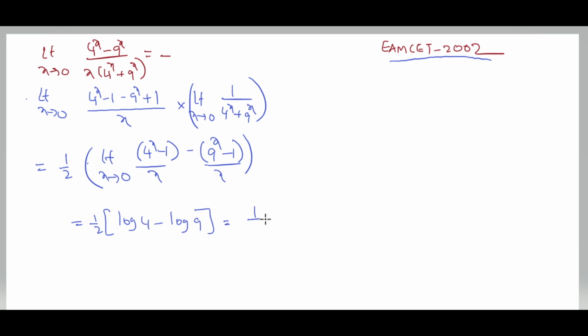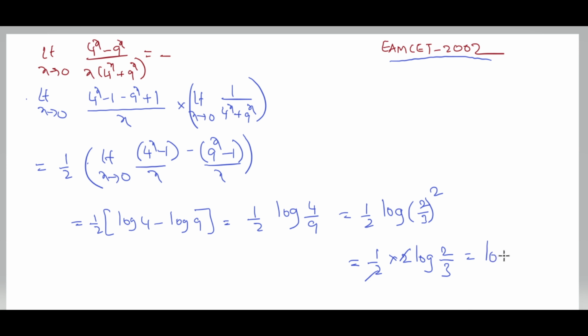That is equal to 1/2 into (log m − log n), that is log 4/9, that is equal to 1/2 into log (2/3) whole square, that is equal to 1/2 into 2 log 2/3, here 2 is cancelled, that is equal to log 2/3.